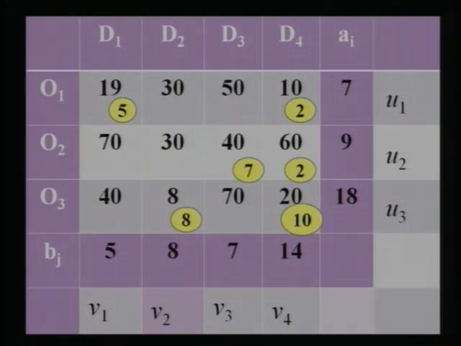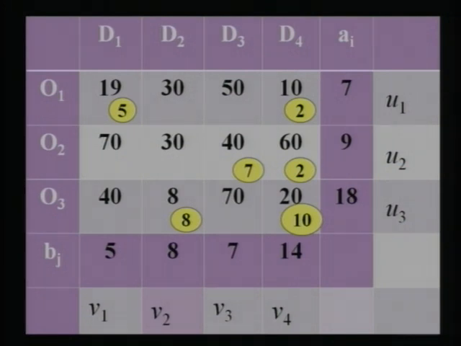Now next target is to find the values of these shadow variables. To find shadow variables, as we have written, one of the values of Ui or Vj should be taken as 0. Generally, to make the calculation simple, we select the variable which contains more basic variables in that row or column.